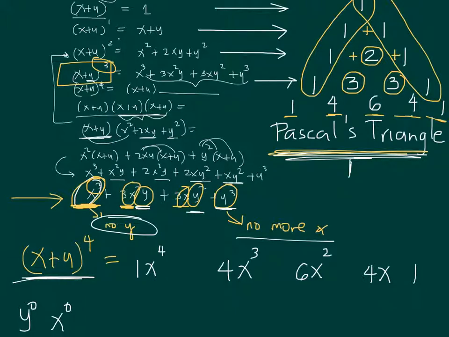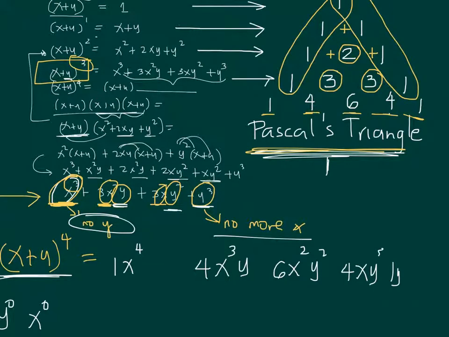Okay, so for the first term, there's no y, there is a y, there is a y squared, and then there's a y cubed, and then there's the y to the 4th. Okay, so that basically completes the values for each term in the expansion of x plus y.